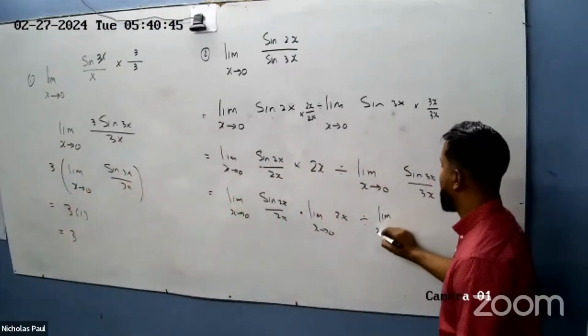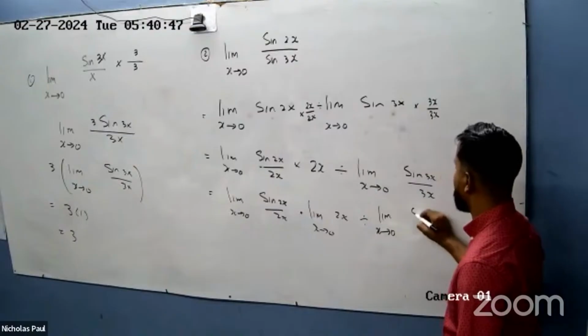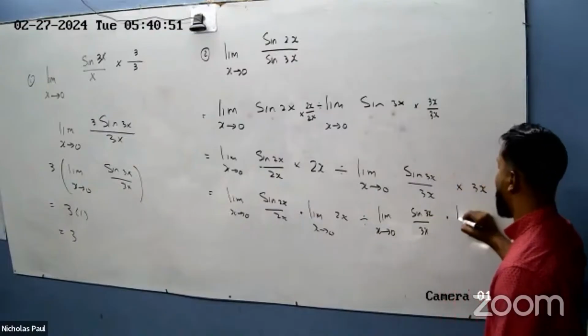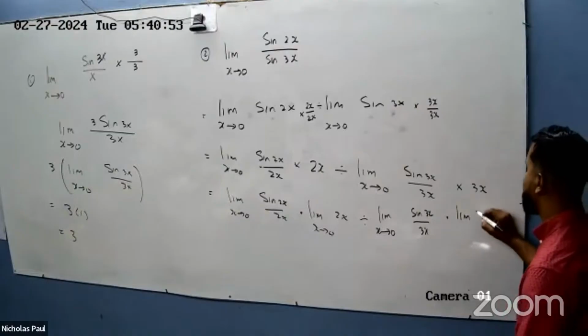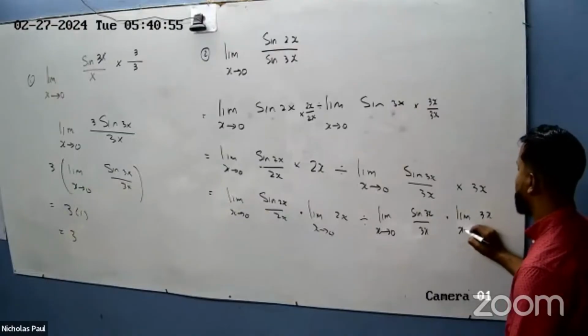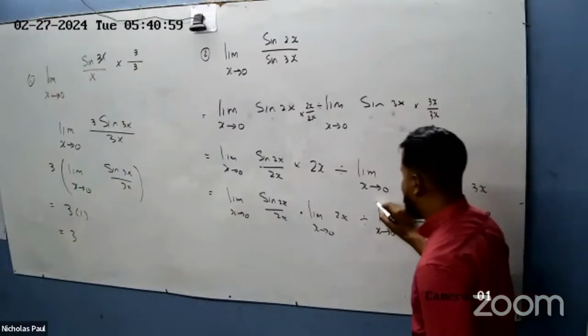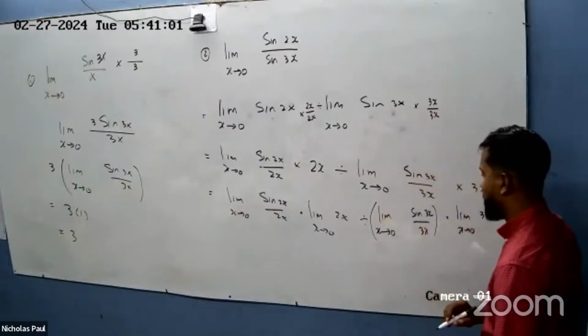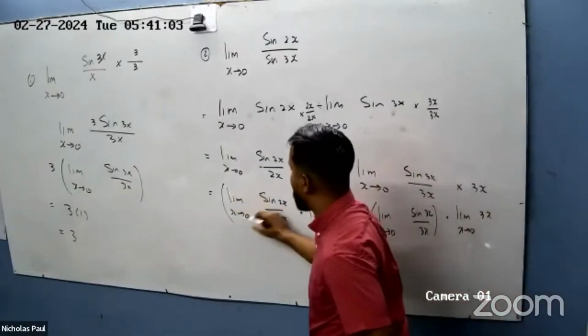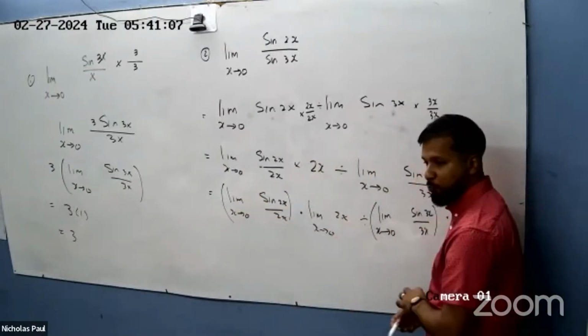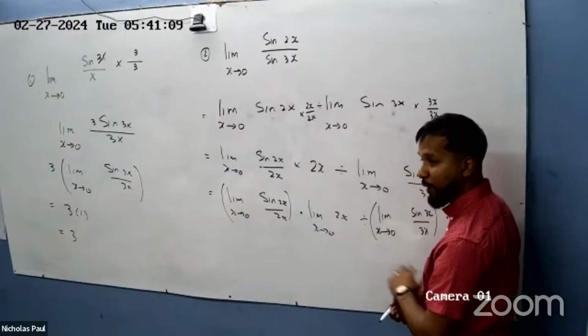The limit as x approaches 0 of sine 3x on 3x multiplied by the limit of 3x as x approaches 0. This value here is how much? If you were to plug in 0 here, what will you get? You'll get 0, but you don't want that.